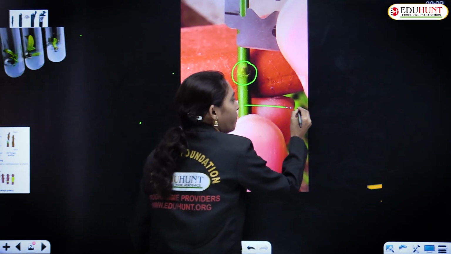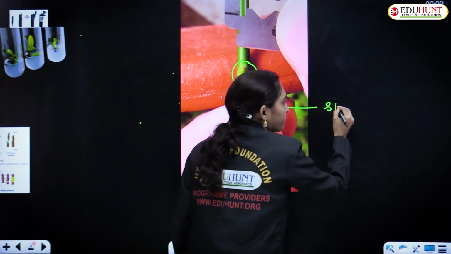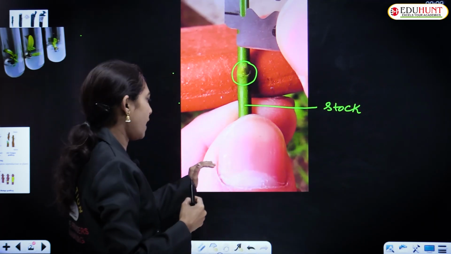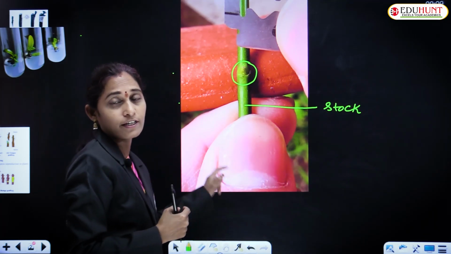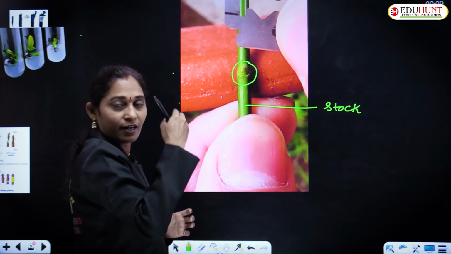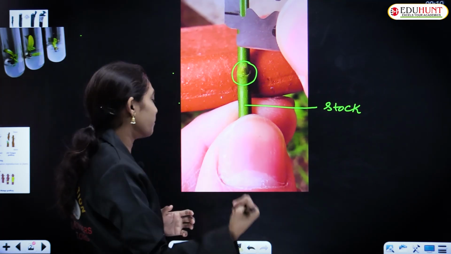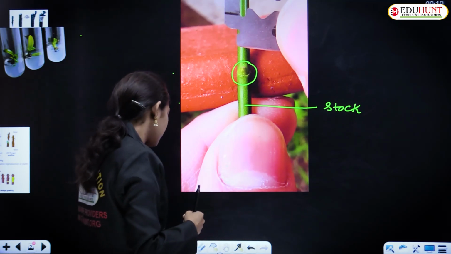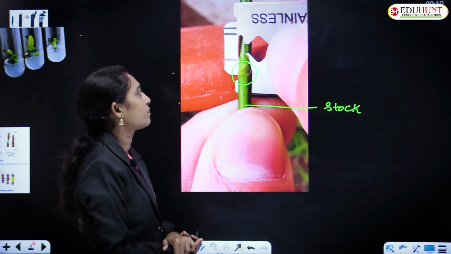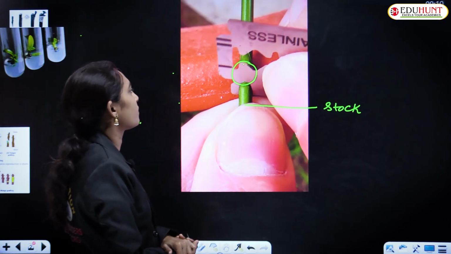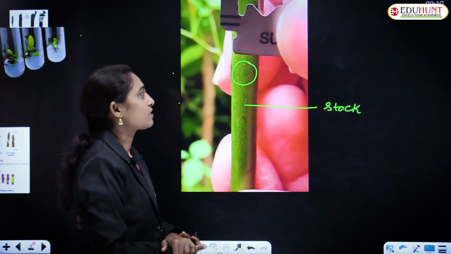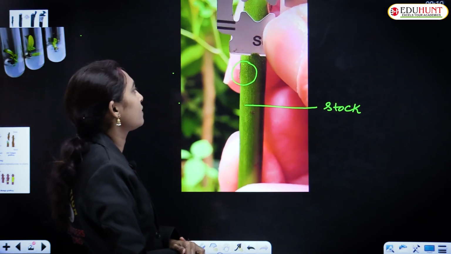So the basal part is known as the stock. The part which is in connection with the soil is the stock. An incision is made here and the part is removed. Next, slowly observe. That nodal region is removed in this example.